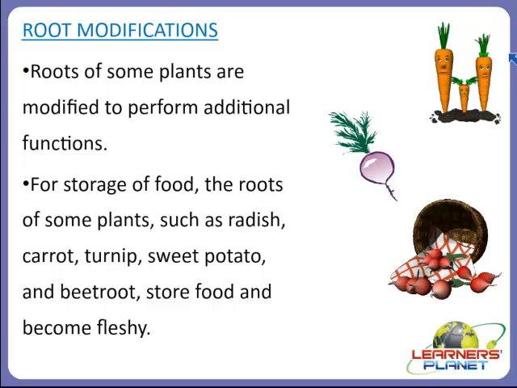taproot and adventitious roots can get modified into a variety of forms to perform various functions. Like taproot, it is the primary and main root that develops from the organ of a plant, which bears many branches and remains underground. For example, in sunflower, mustard, carrot, mango, etc. And adventitious roots are the roots that develop from any part of the plant except the main organ of the plant.